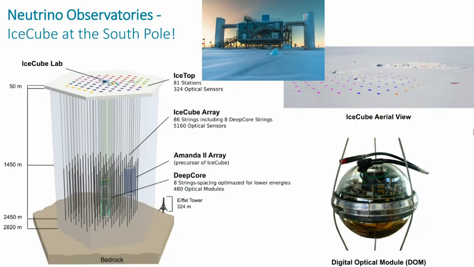So you drill a bunch of holes in the ice in Antarctica, and you string these spherical detectors throughout the ice, and if you have a large enough volume of material, then eventually a neutrino is going to accidentally bump into one of the atoms in the ice, and when it does that, it's going to emit a photon in the visible wavelength range that these detectors can detect.